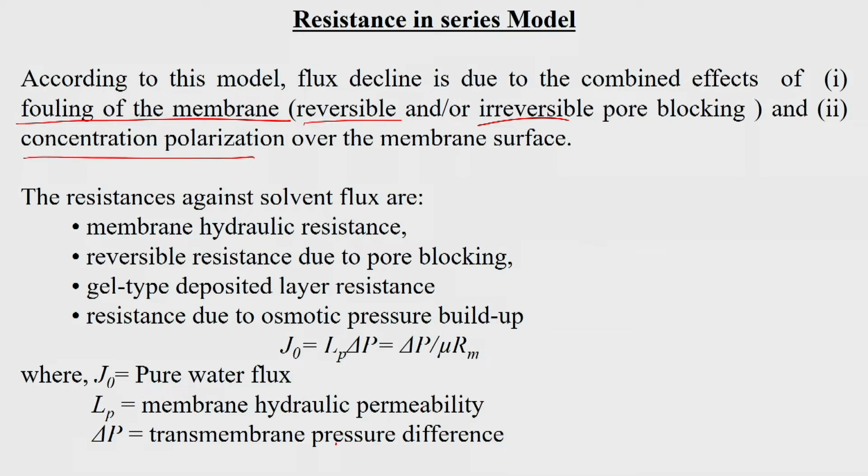These are the resistances: the membrane hydraulic resistance, R m, which will remain constant for the entire membrane operation because it is a property of the membrane; the reversible pore blocking resistance, R p b, which will go on increasing with time; the gel layer formation resistance, R g, which will also increase; and the resistance due to osmotic pressure build up, where delta pi will go on increasing.